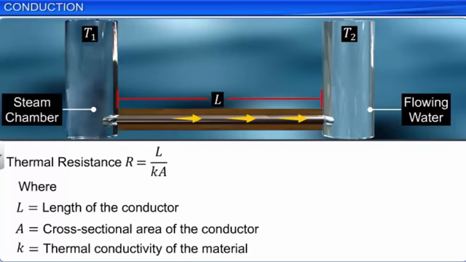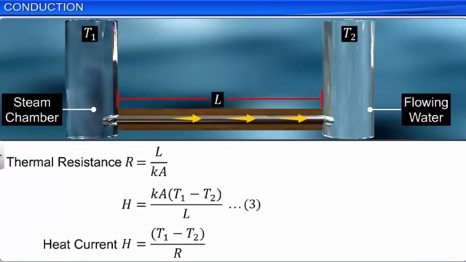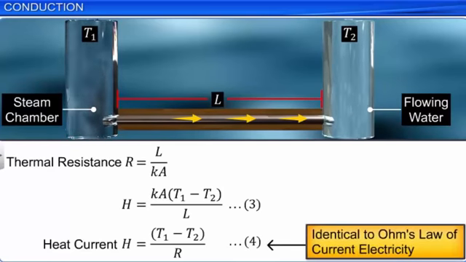Now, equation 3 can be written as heat current H is equal to (T1 minus T2) by R. Let this be equation 4. Equation 4 is identical to Ohm's law of current electricity. This identity can be extended to some other cases as well.